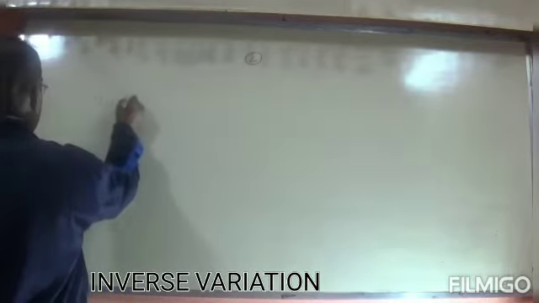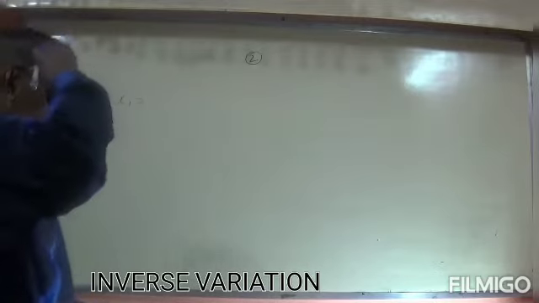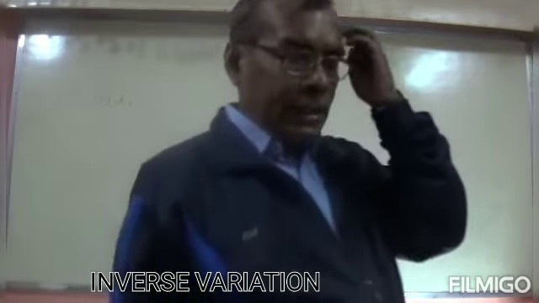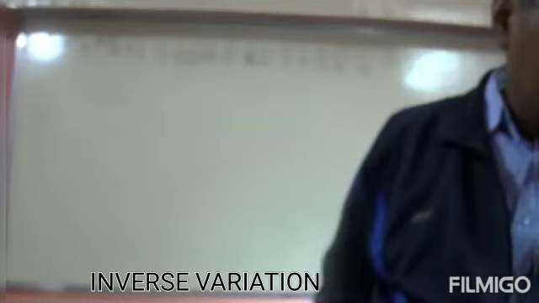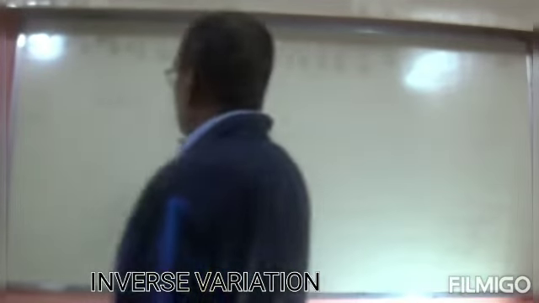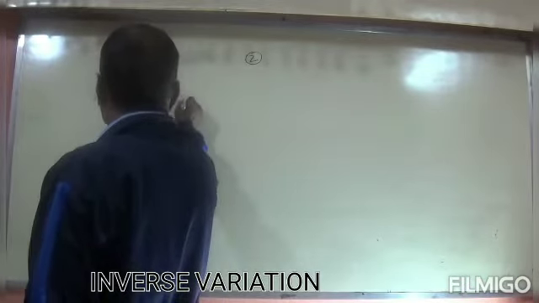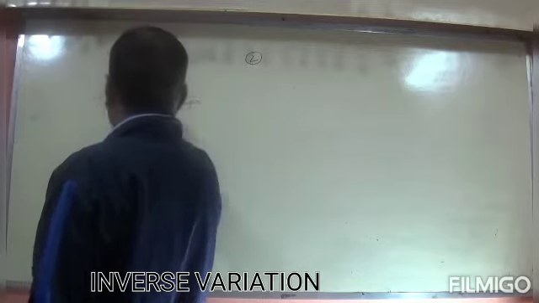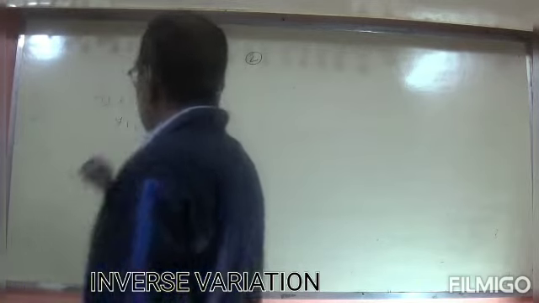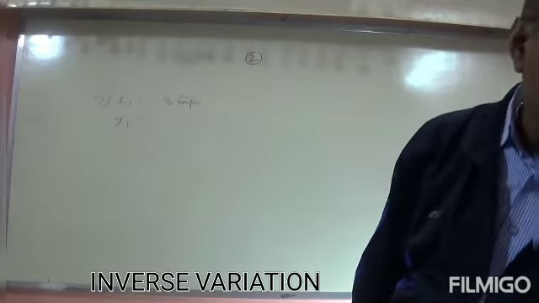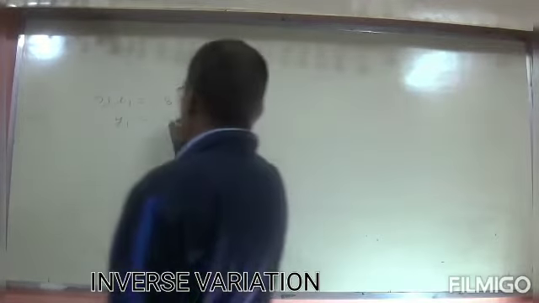So after studying the question, you should realize whether this is direct or inverse variation. So x1 is 8 taps and y1, how much time are they taking to fill the tank? 27 minutes.